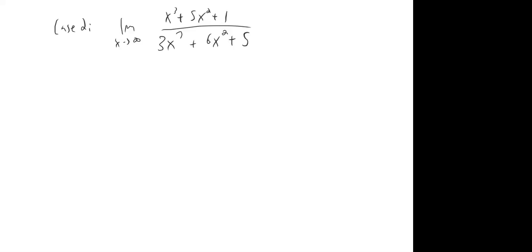Okay. Again, let me ask you, what does the top behave like when x goes to infinity? Good. It behaves like x cubed, right? So let me just write, behaves like x cubed. And this behaves like what?